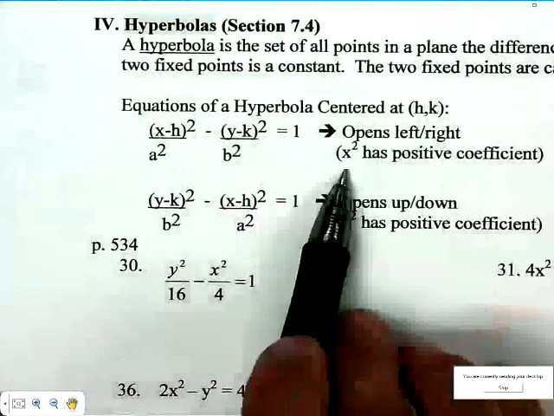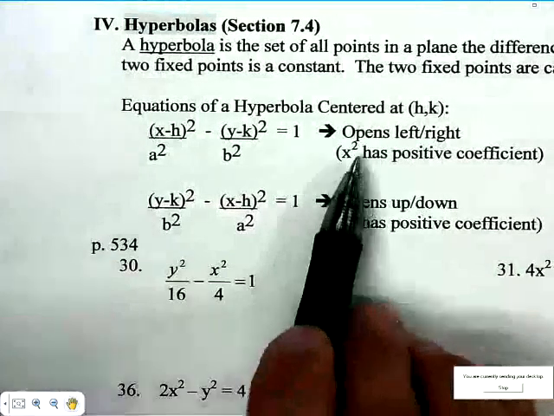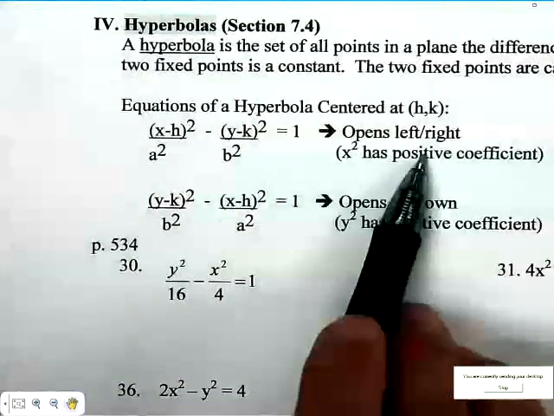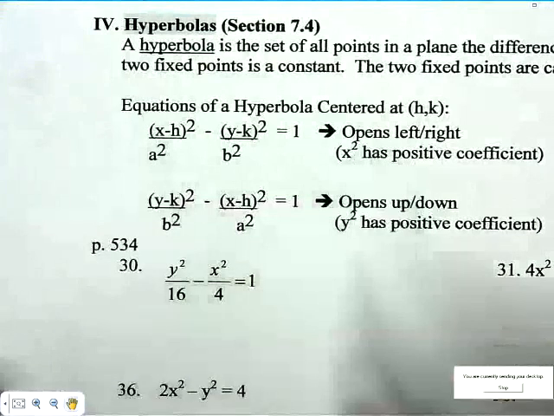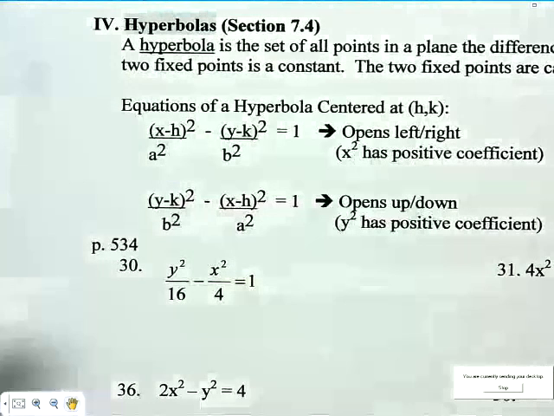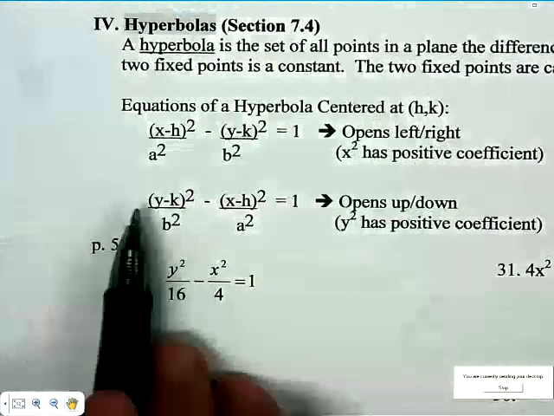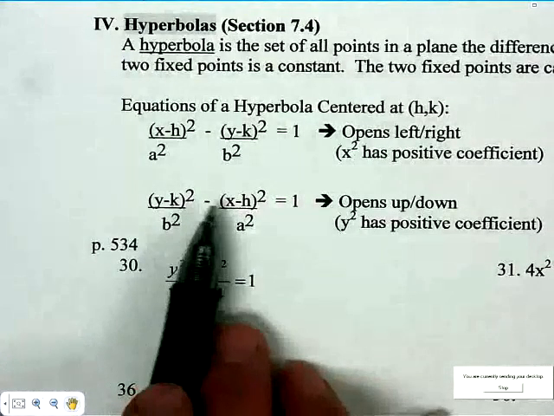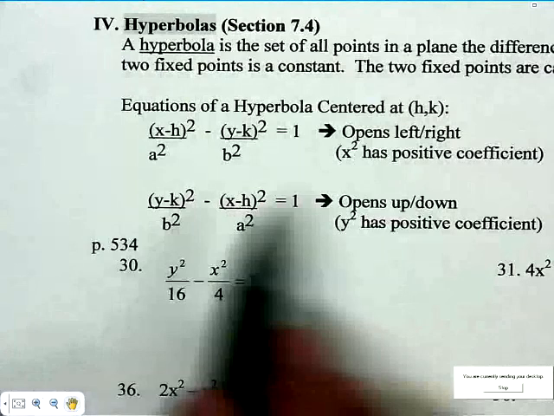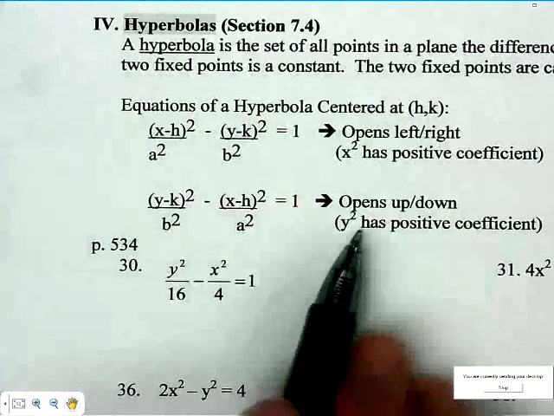All things x have to do with leftness and rightness. So if your x squared is positive, that hyperbola is going to open to the left and to the right. If it's your y squared that's positive and your x squared has a negative coefficient, if it's the x that's subtracted, then your hyperbola is going to open up and down.